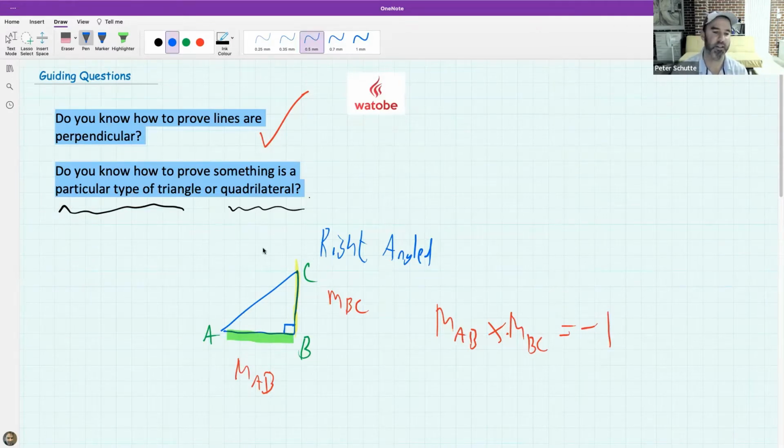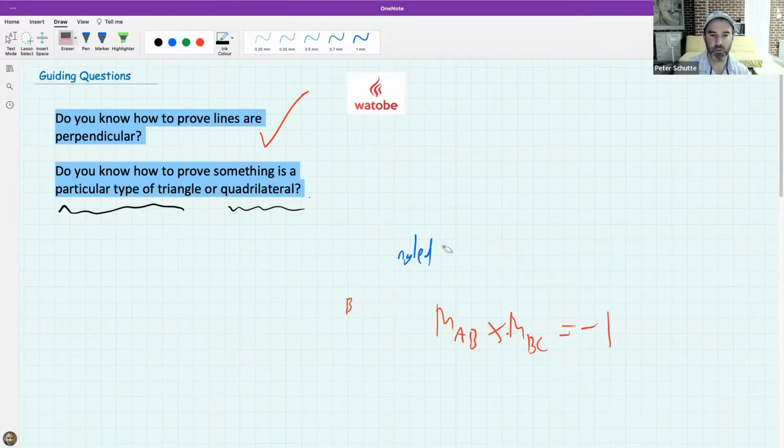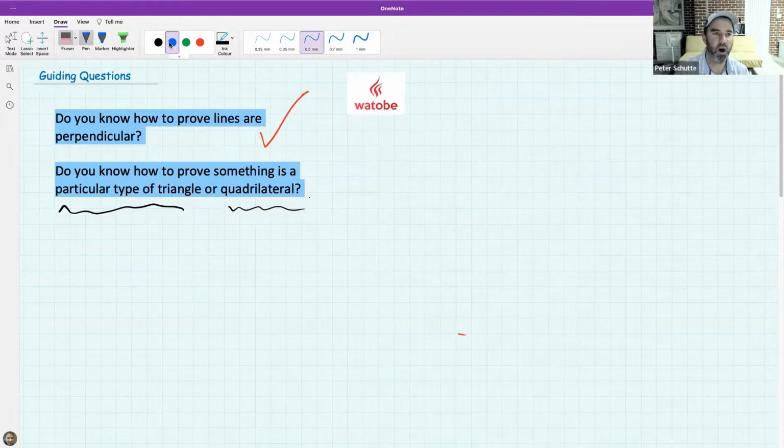Okay, fantastic. That's awesome. Now, I will talk more about quadrilaterals later in the lesson, but I want to know if I wanted to prove, let's say I have 4 points and I want to show, for example, that these 4 points maybe prove that it's parallel.